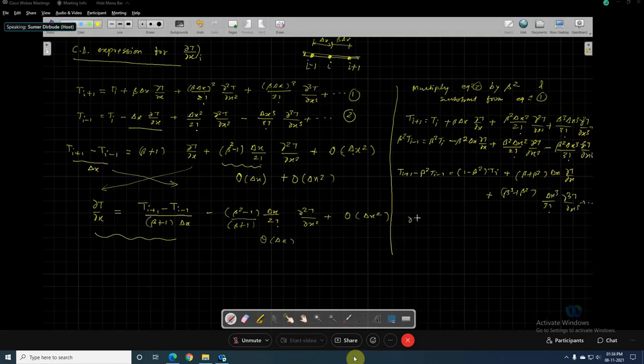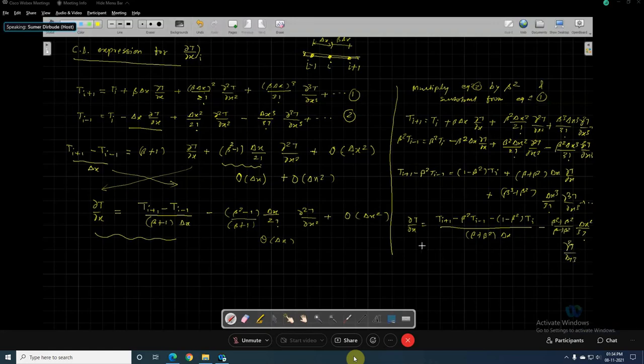If you get this expression dT/dx, this will be equal to T_{i+1} minus beta square T_{i-1} minus (1 minus beta square) T_i divided by (beta plus beta square) delta x, and we will have this order of term (beta cube plus beta square) divided by (beta plus beta square), with delta x square by 3 factorial and del 3 T del x3.